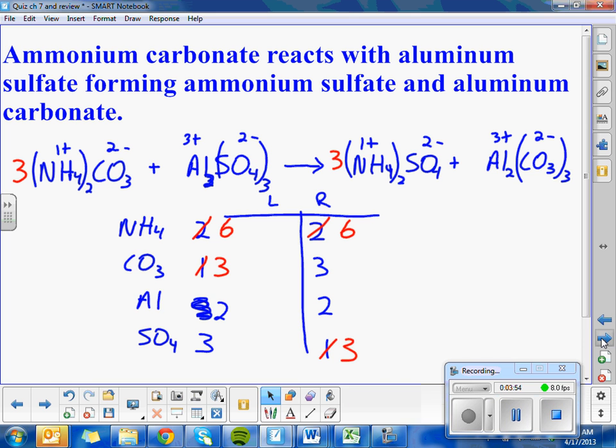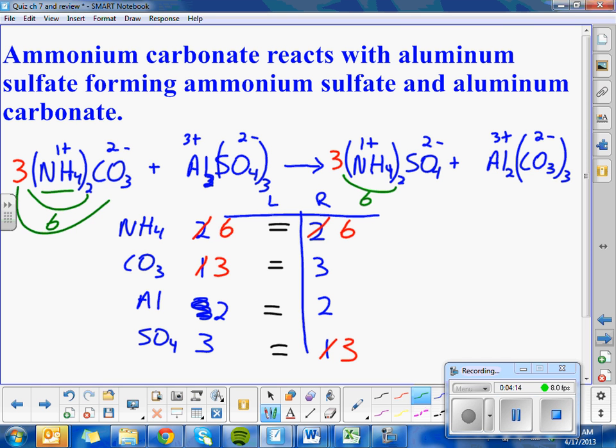We take a look. We have equal numbers there, equal numbers there, equal numbers there, equal numbers there. And again, if you want your final check to be, look up here at the ammonium. You've got 2 times 3 gives us 6. Over here we have 2 times 3 gives us 6. Carbonate, we've got 3 times the 1 gives us 3.